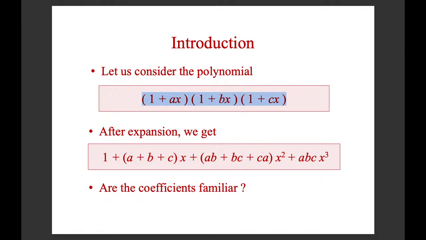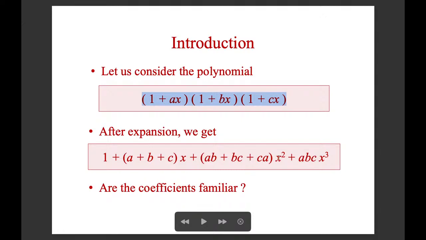If we do the expansion, then we have some interesting fact. After the expansion, we will have 1 plus a plus b plus c multiplied with x, and then ab plus bc plus ca multiplied with x squared, and then abc multiplied with x cubed.